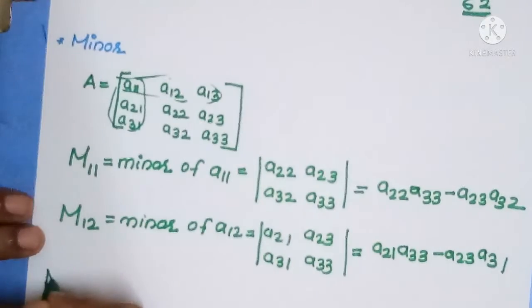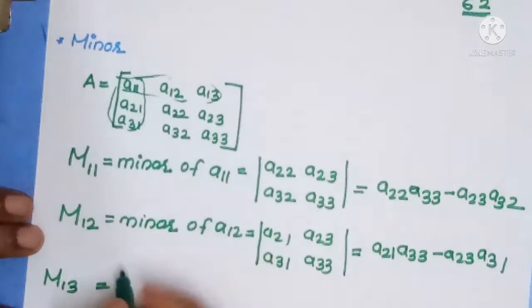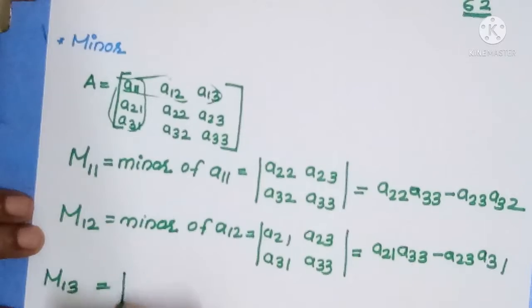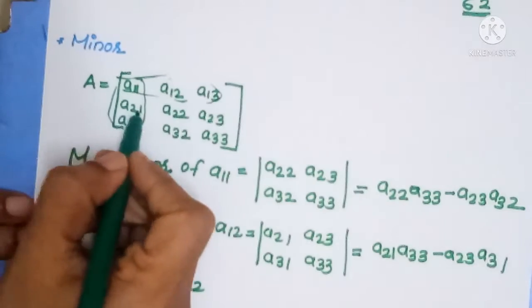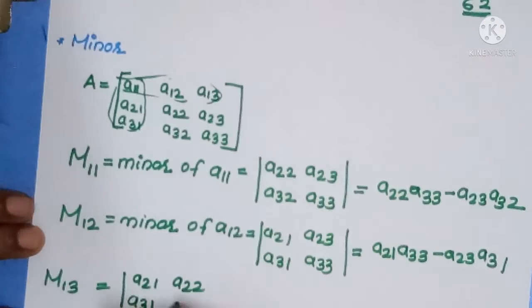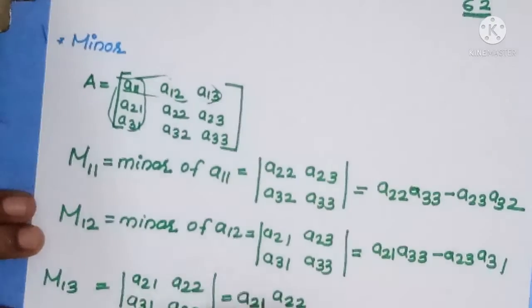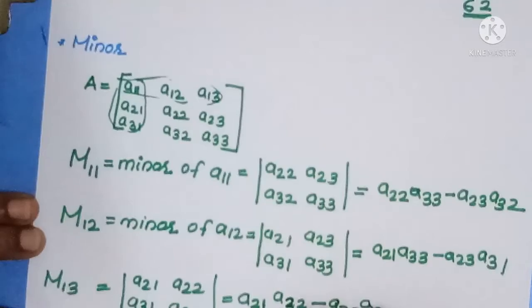Likewise, what is the minor M13? Deleting the first row and third column, we get A21, A22, A31, A32, which should be equal to A21 into A32 minus A22 into A31.